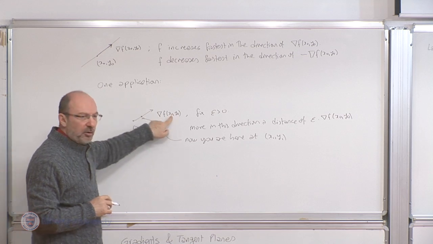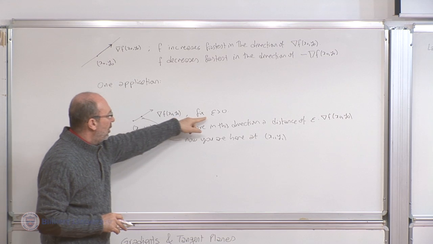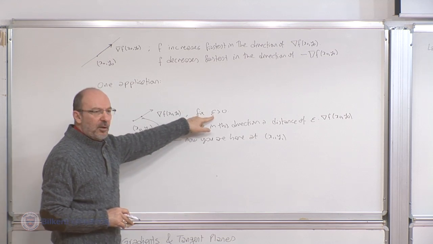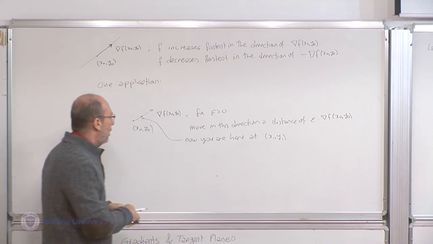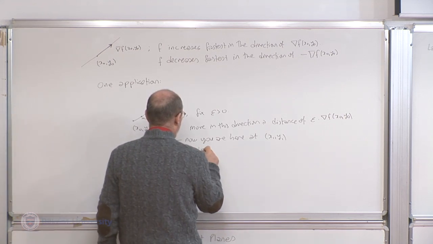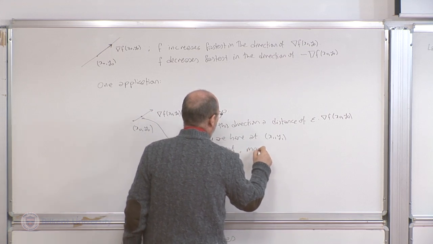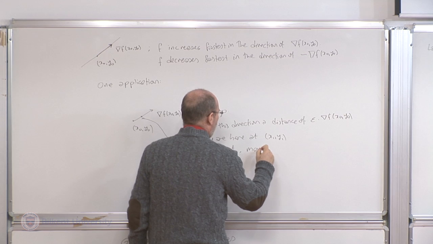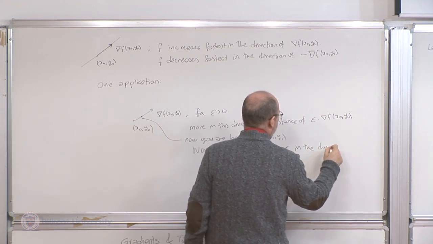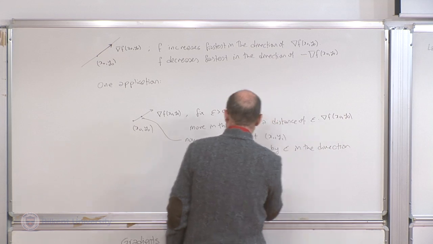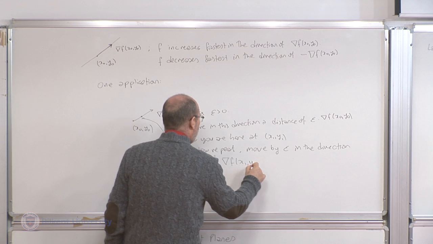I have the direction of the line, so you write it parametrically, and if you make your parameter epsilon, then you'll stop somewhere here. Now you repeat this. Move by epsilon in the direction of the gradient; now we have a new gradient at a new point.